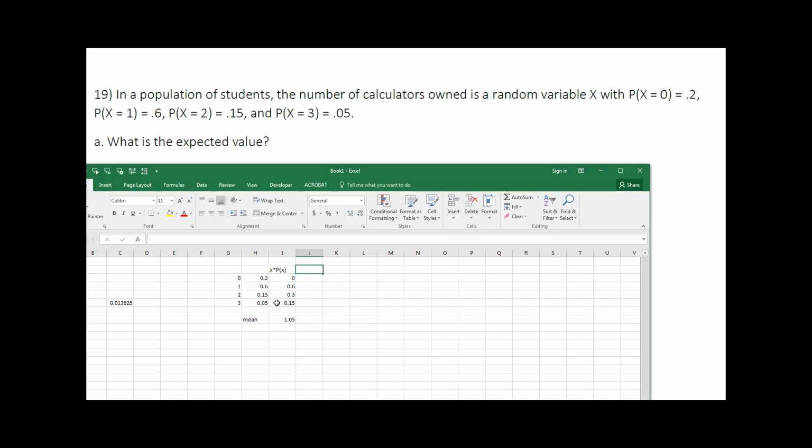Okay, then to calculate standard deviation, there's a new column we're going to need. So we're going to need x squared times the probability of that. Okay, so equals the observation squared times its probability. And I'm going to drag that down. And this time I need to sum that as well.